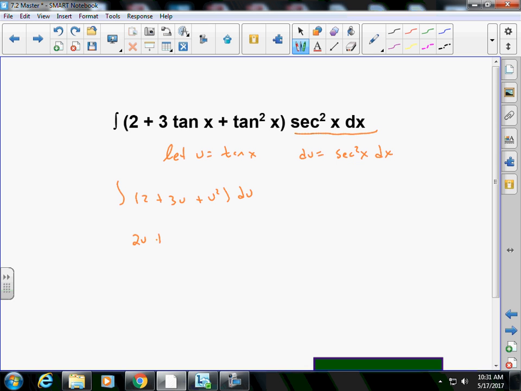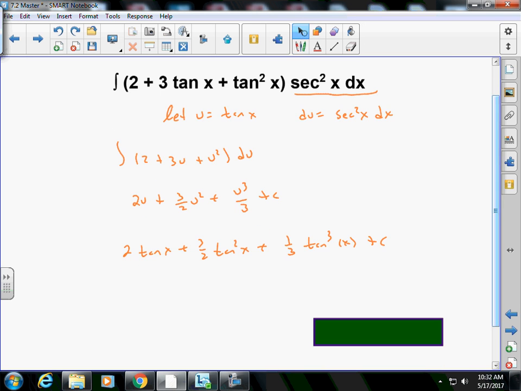Integrate that: 2u plus 3 halves u squared plus u cubed over 3 plus a constant, replacing u with tangent again, 2 tangent x plus 3 halves tangent squared x plus 1/3 tangent cubed x plus a constant.